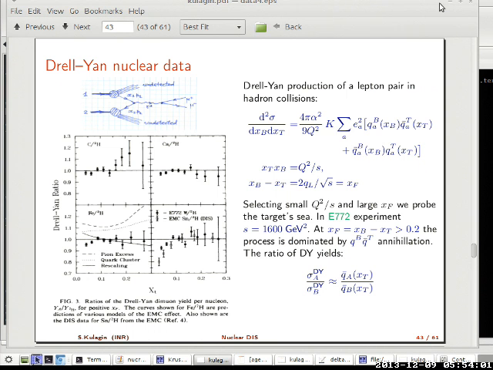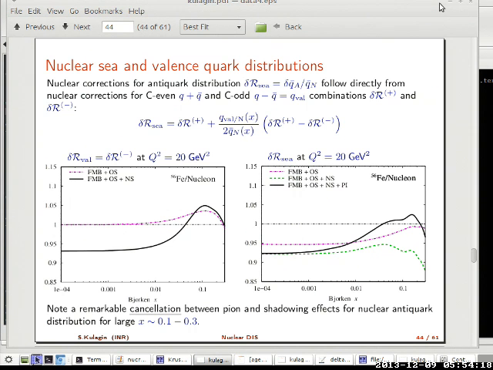And there was a dedicated experiment to measure this ratio, E772, with the result that there is no enhancement of antiquark distributions in heavy targets, which were expected on the grounds of the Pine correction model.